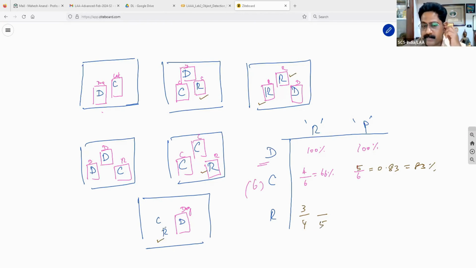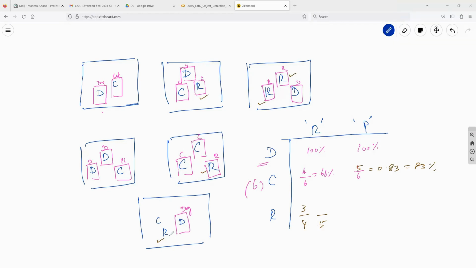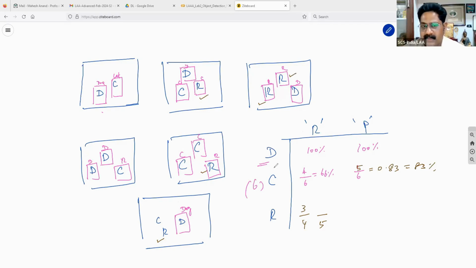I told you, the missed box should be accounted for the recall, not for the precision. This rabbit is being missed, but originally this is a rabbit, right? So first of all, you need to calculate how many rabbit pictures were there in the validation record. 1, 2, 3, 4, 5. So the denominator should be 5.